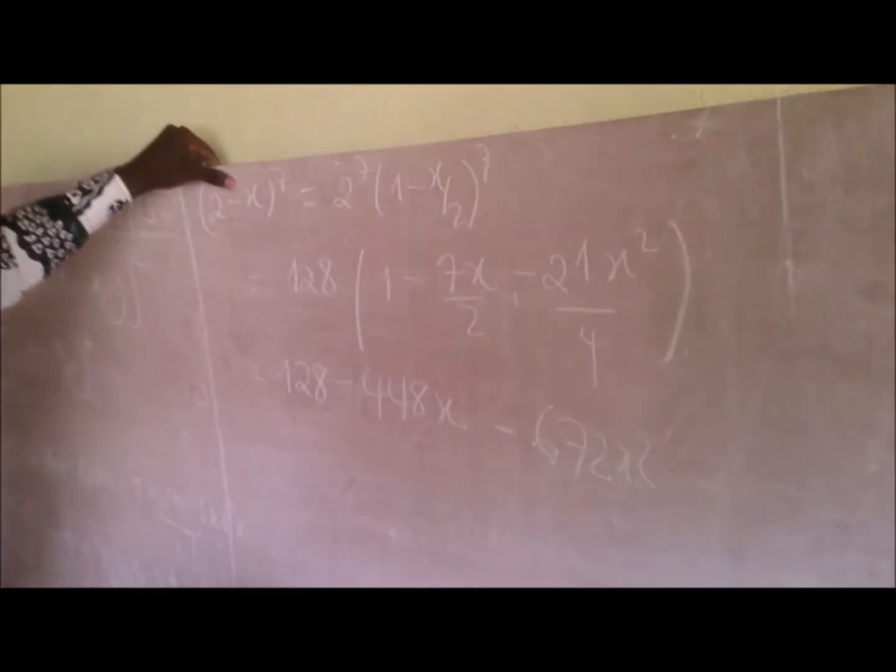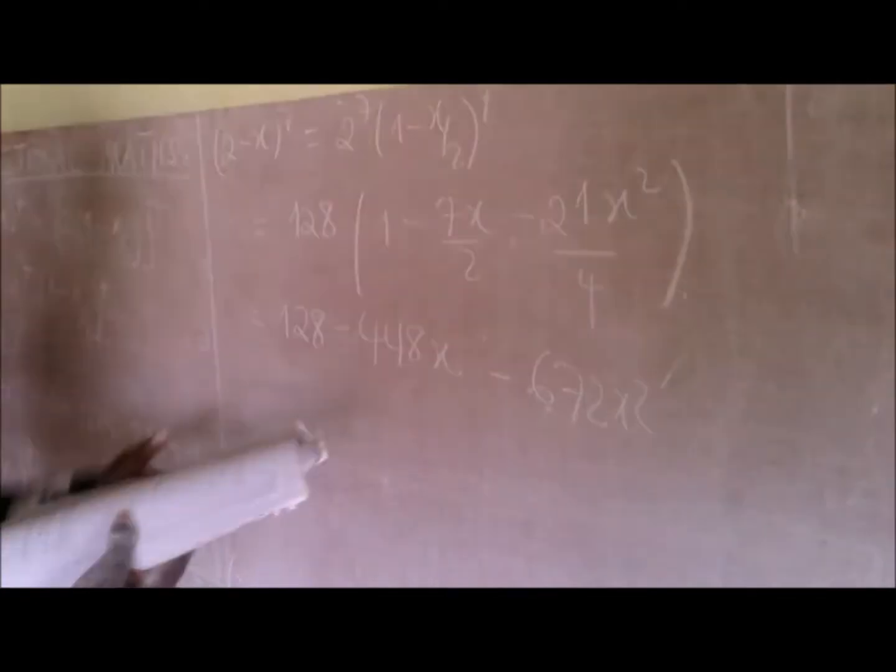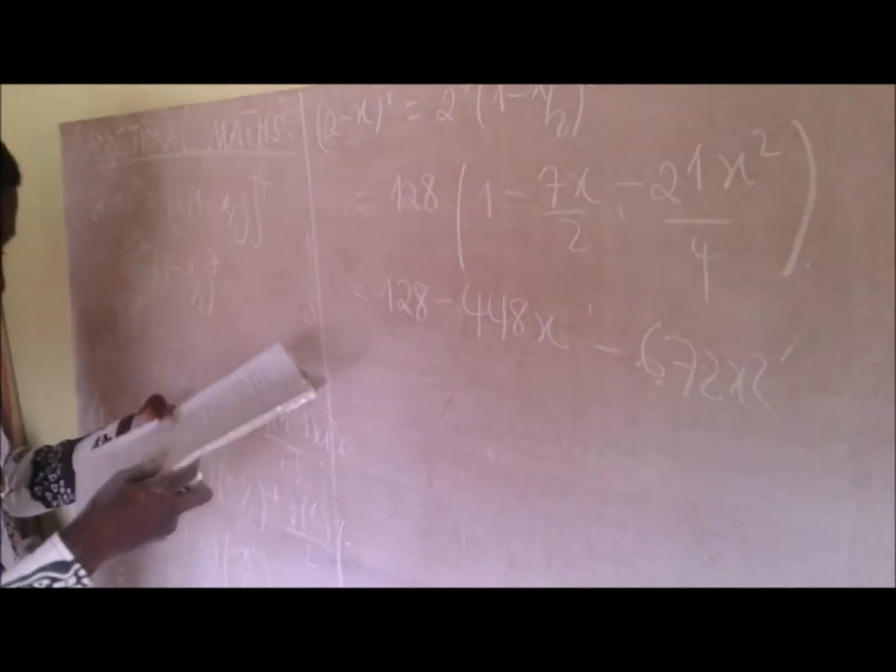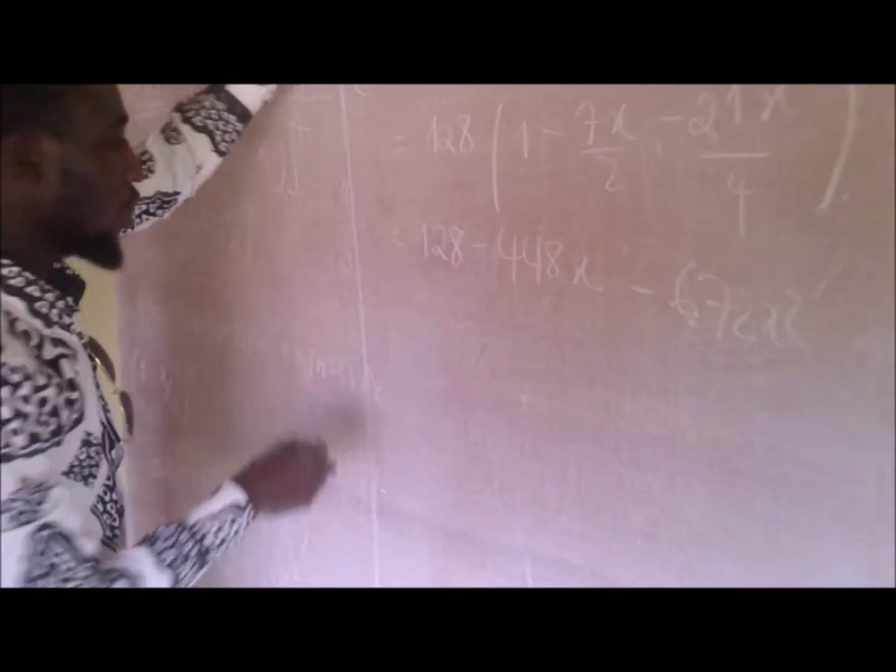So this is what we have. Our expansion gives us 128 minus 448x minus 672x squared.